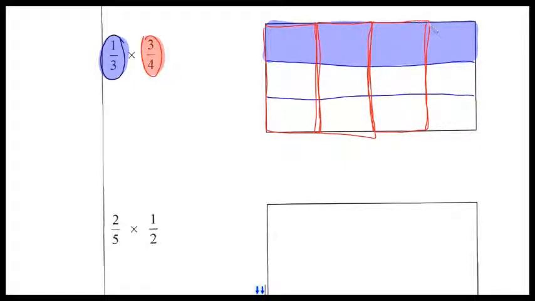Anytime you want to know how many lines you have to draw to get the number of parts you need, it's always going to be one less. Here I needed 4 parts and I only drew 3 lines. I have my 4 parts and I need to shade in 3 of them.